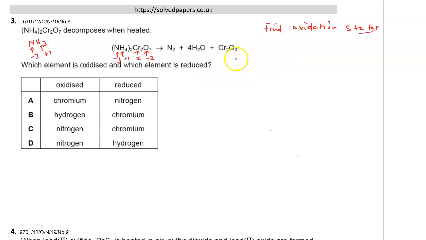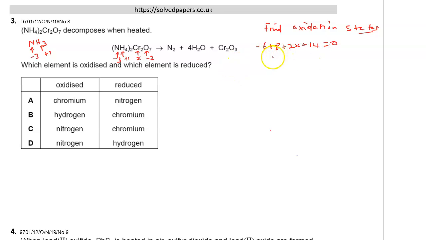So to do that, of course, this is a molecule. Therefore, it's going to be 2 times 3, which is going to give us minus 6, plus 4 times 2, which is going to give us 8, plus, of course, these are 2 here, so plus 2x, plus minus 7 times minus 2, which gives us 14, equals 0.